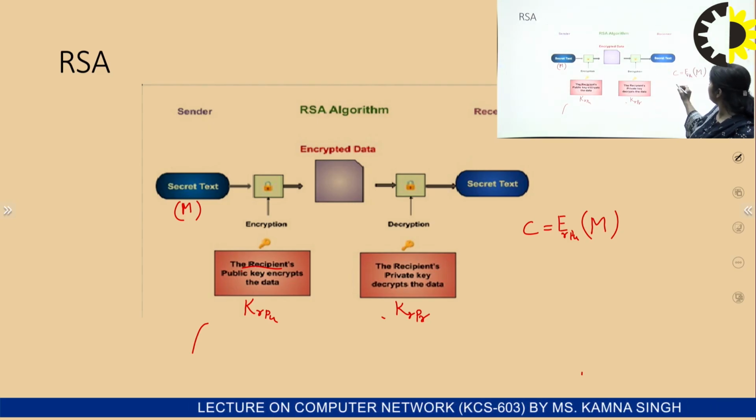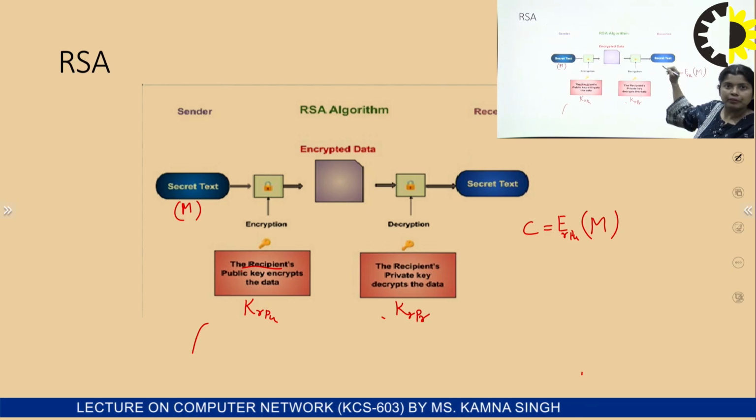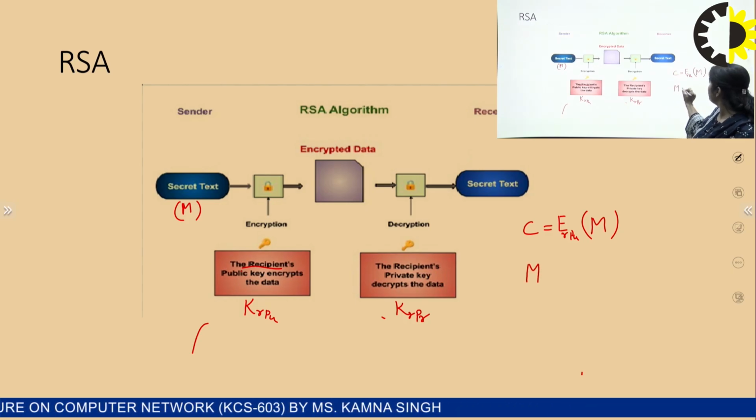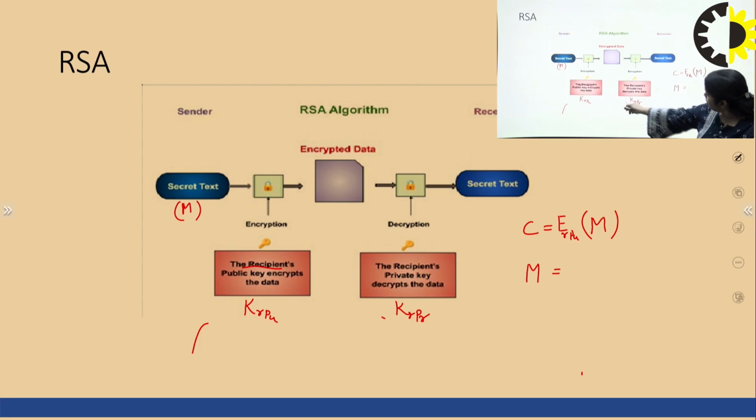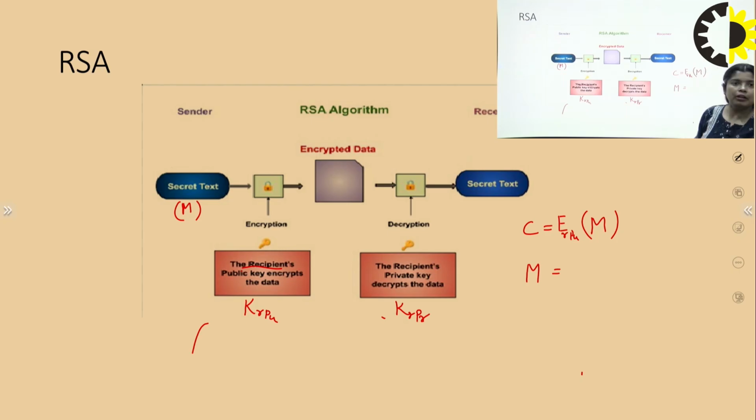Now, at the receiver end, you get the plain text, or the message. This message is equivalent to the plain text you created. And here you are going to decrypt it, so the decryption key used is the receiver private key, applied on the cipher text we get from the sender side.